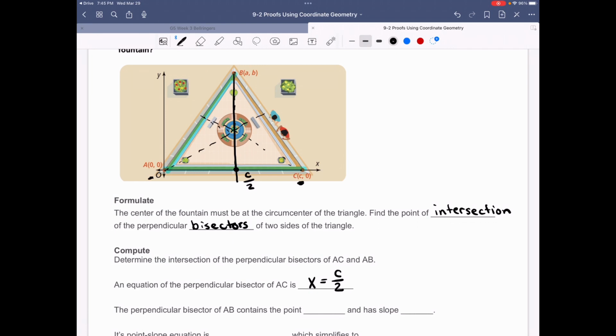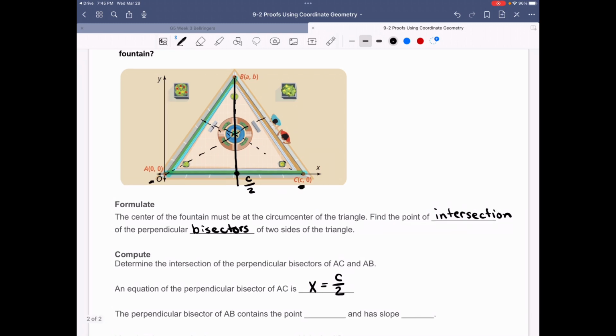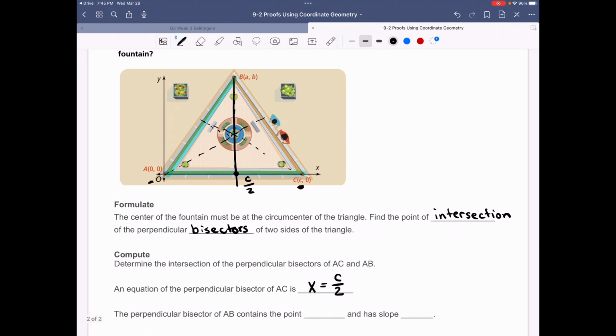And the perpendicular bisector of AB also contains the point a over 2 and b over 2 and has a slope of negative a over b.